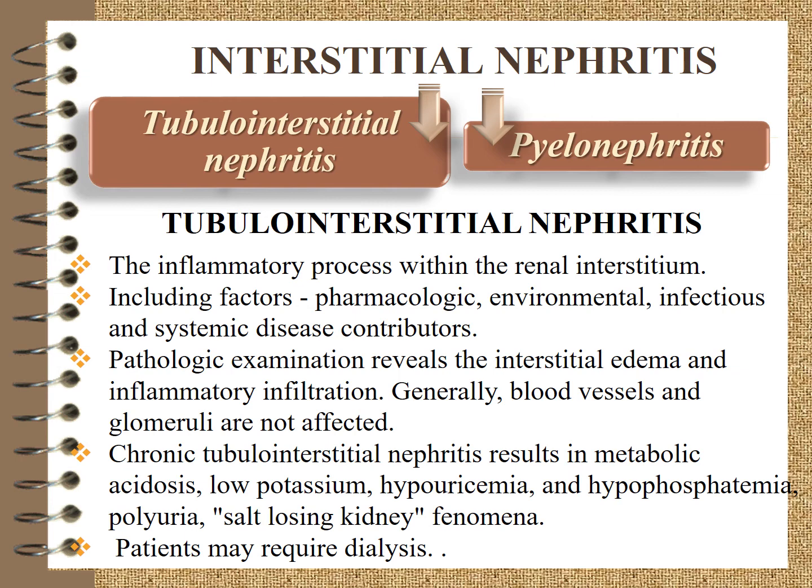There are a variety of known factors that can provoke inflammatory processes within the renal interstitium, including pharmacologic, environmental, infectious, and systemic disease conditions. Interstitial nephritis may present with a variety of signs and symptoms, many of them non-specific.